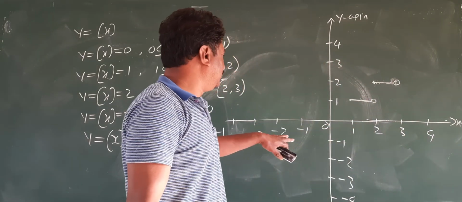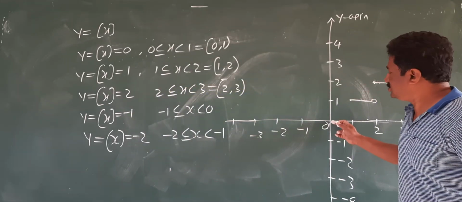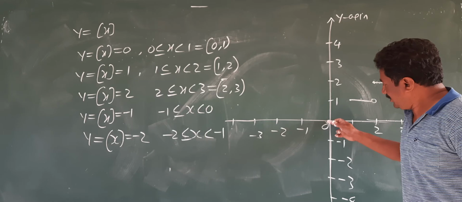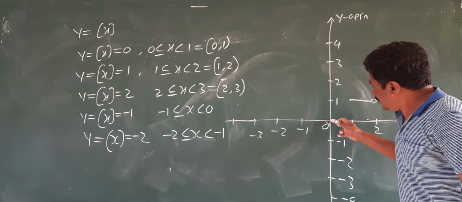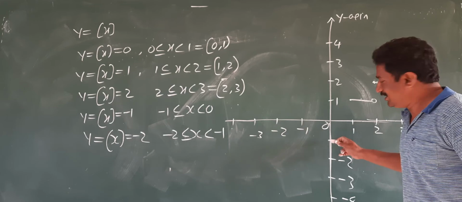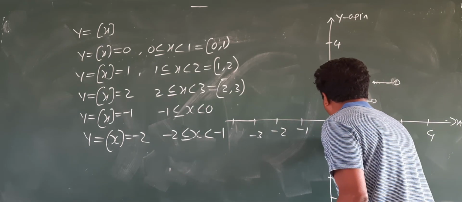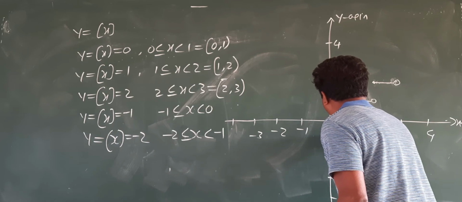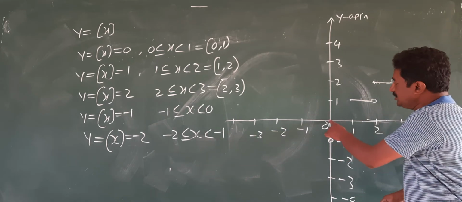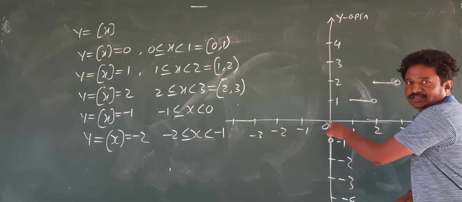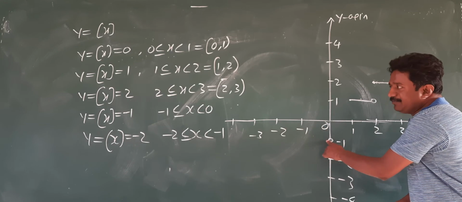Now if x takes negative values, like -0.1, and at 0, there will be no curve here, there will be a gap. When x is 0, y is 0. When x is -0.1, we will get -1.